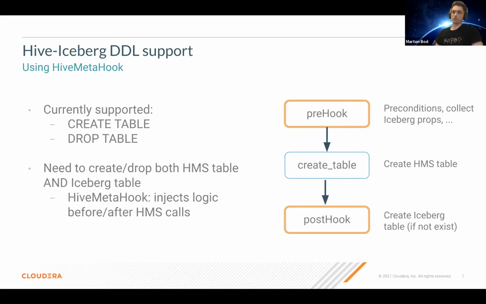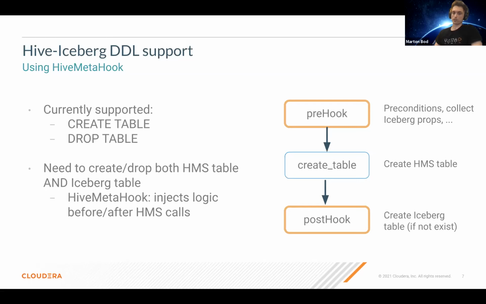So in essence, what this flow looks like is that the MetaHook provides us with a pre-hook and a post-hook. And we can use this pre-hook to check for preconditions or collect the properties that we want to use for creating the Iceberg table or do any sort of change on the HMS table properties.